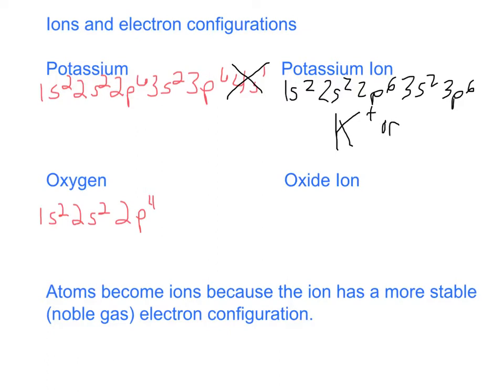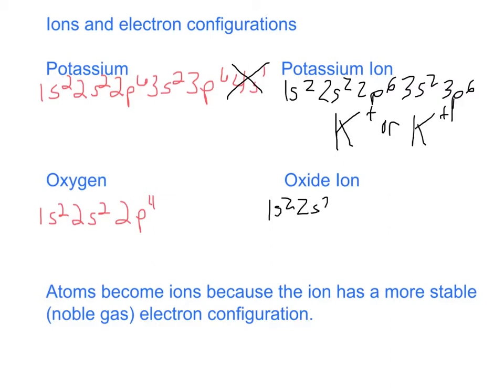Now, the same goes for oxygen. It has 1s2, 2s2, 2p4, but since it is a non-metal, it's to the right of the stair-step line, so it gains electrons. And it's a lot closer for oxygen to get to a noble gas by gaining electrons. Oxygen is 2 away from neon, so oxygen is going to gain 2 more electrons.